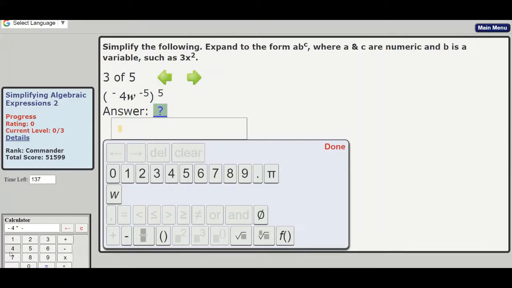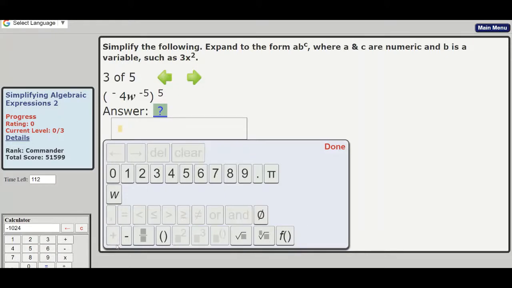Tapos, negative 4 to the 5th, the negative 4 times negative 4 times negative 4 times negative 4. Negative 4 times negative 4. 5 dapat. Equals 1024. Hindi ko sure ha. 1024.